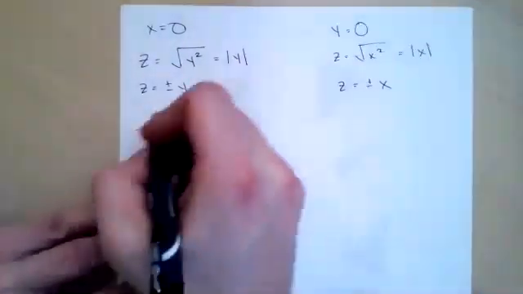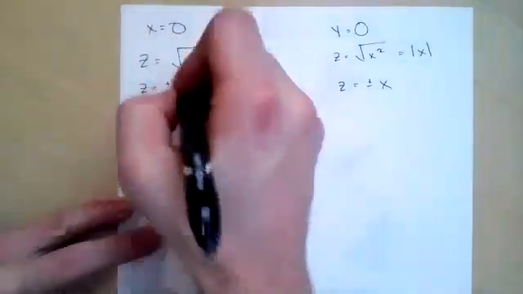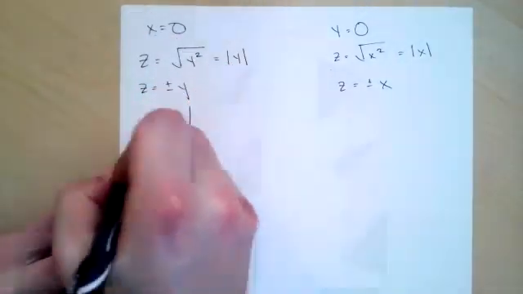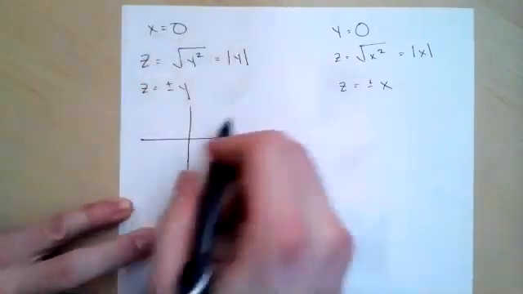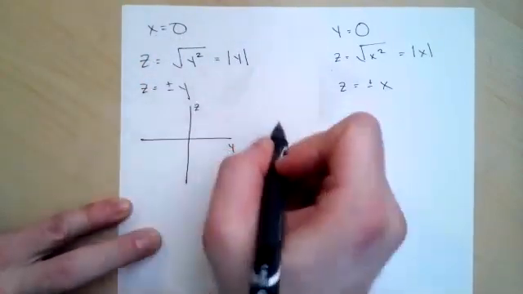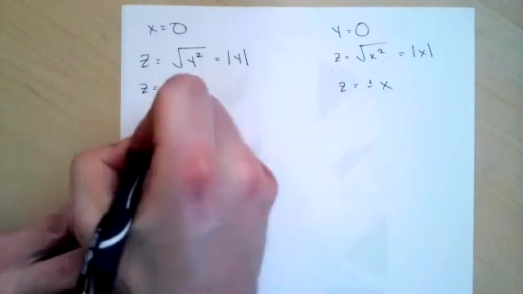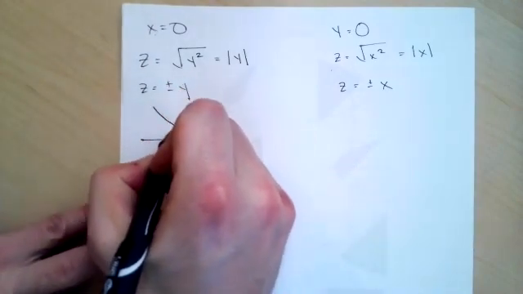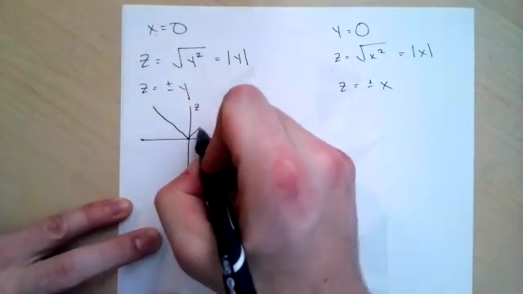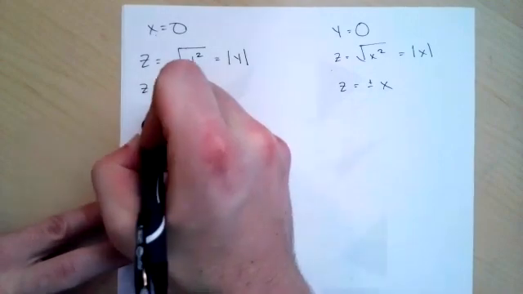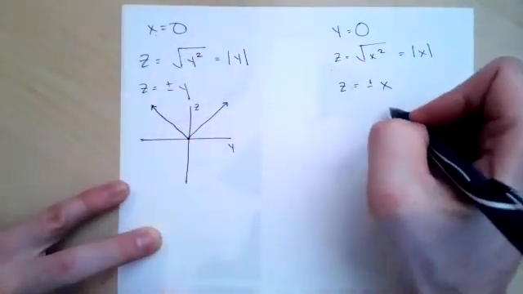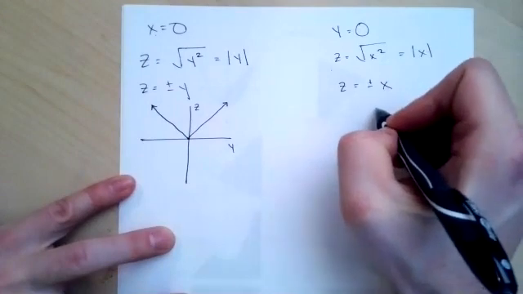So what is this object going to look like? The traces in this regard. So on our x equals 0, we're going to have our yz plane. We get absolute value of y. And here we're going to get absolute value of x.